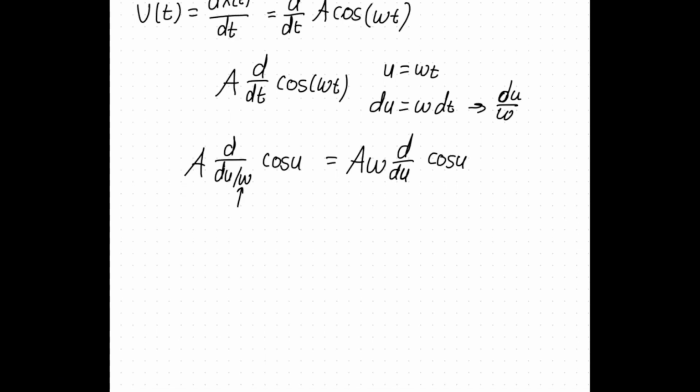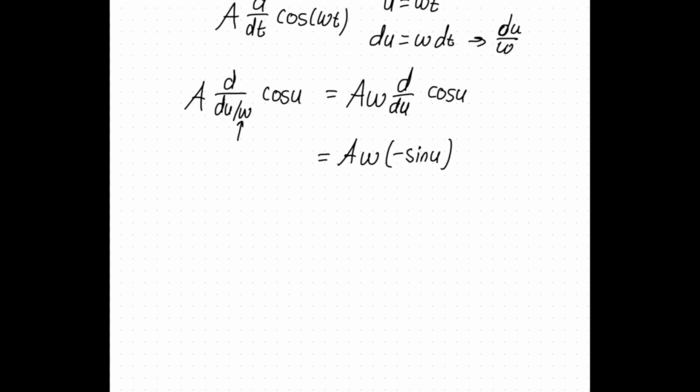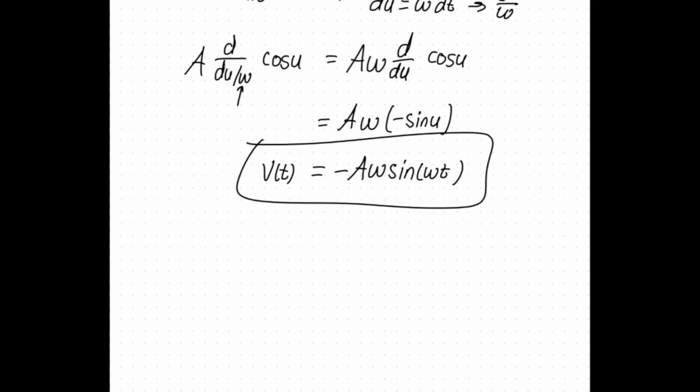And then our derivative of that becomes a negative sign. And then I can replace my u back with my omega times t, and what I get is my final function of velocity, v of t, is equal to negative a times omega times sine of omega t. So there's my velocity function.